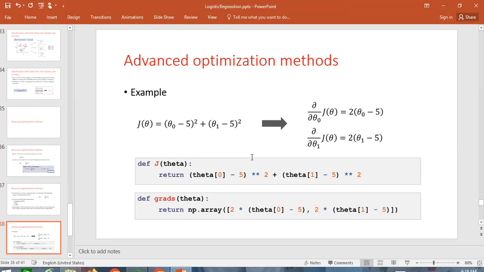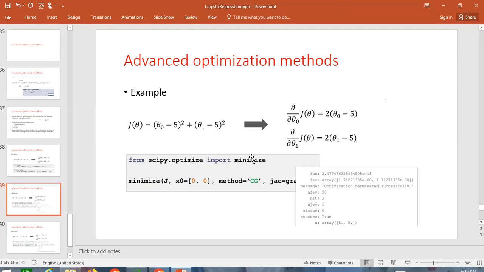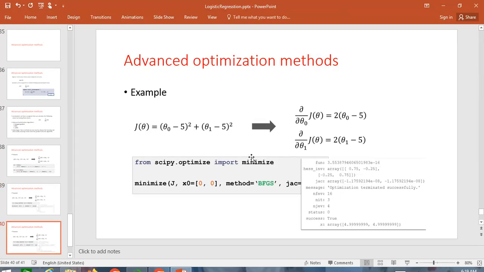If you don't know how these algorithms work, it doesn't matter, because all of the advanced optimization methods are in this package, and you can use them very easily. You can easily define this function in Python, and you can easily define its gradient in Python. And with these two, you can use advanced optimization methods.